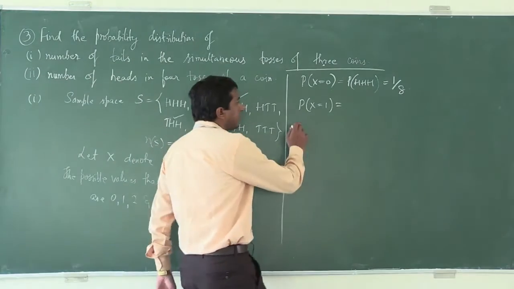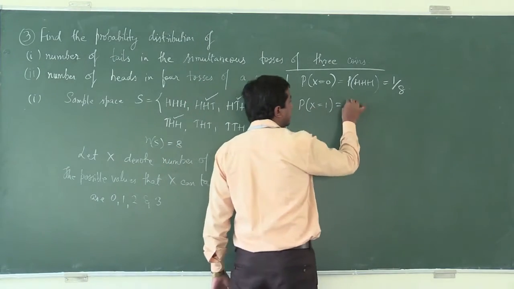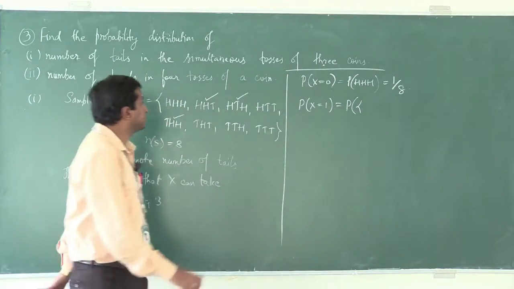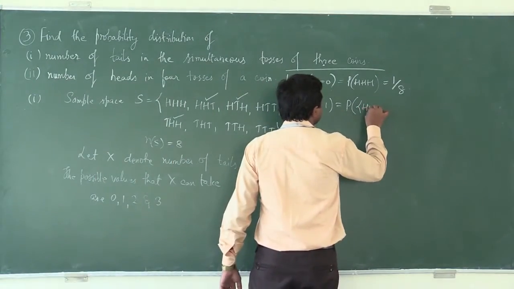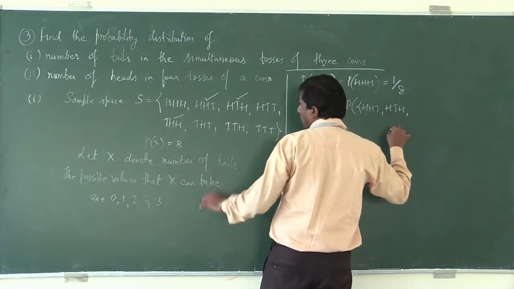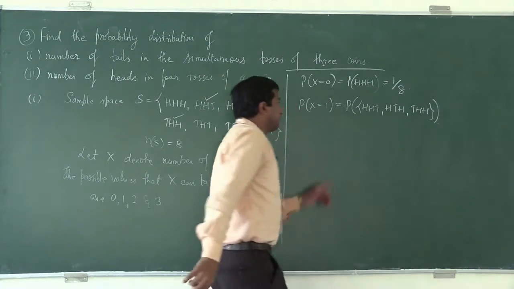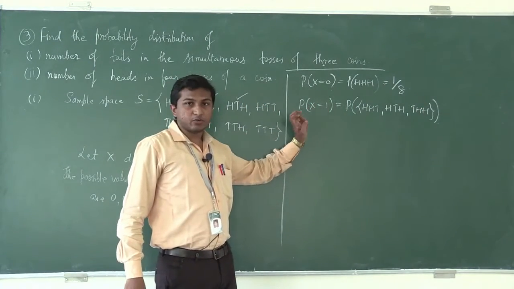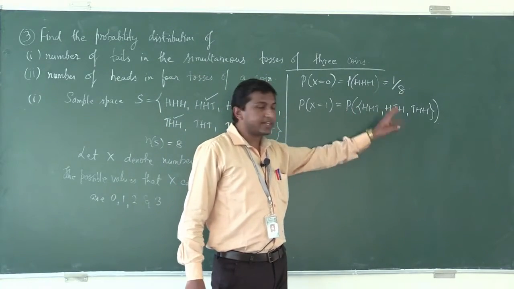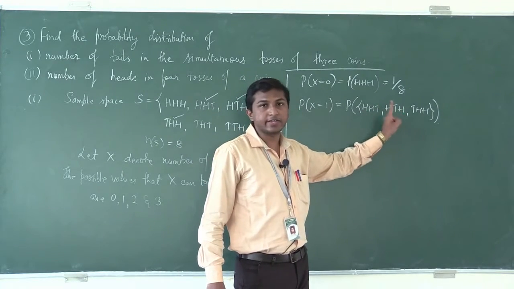So I can write the probability of x being equal to 1 is nothing but equal to the probability of getting the event {HHT, HTH, THH}.